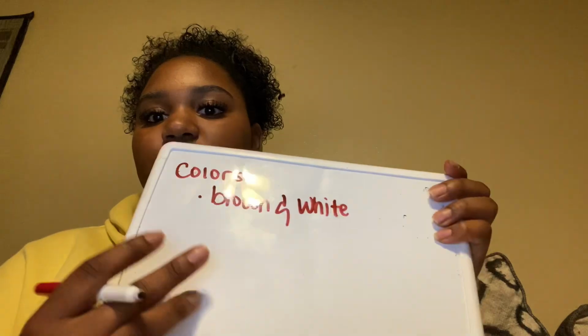So I want you guys to help me. We're going to come up with another way. So what is another word I can use to describe the park or my dog? So some adjectives would be colors. We can say that my dog is brown and white. We can say that she is fluffy.